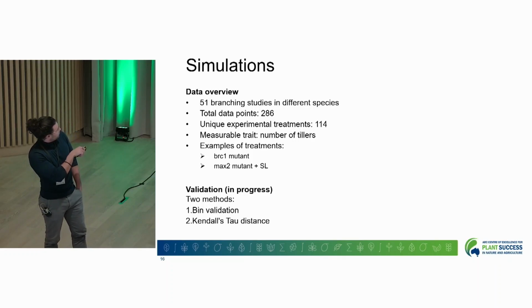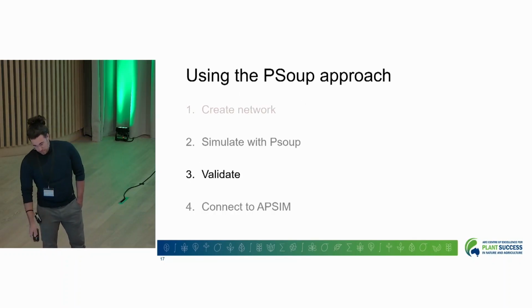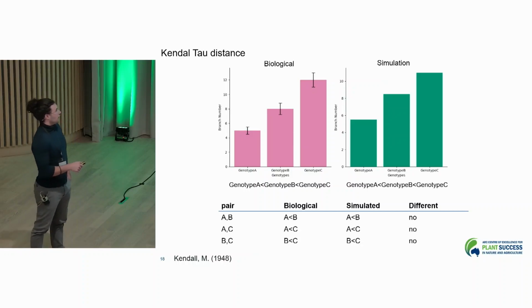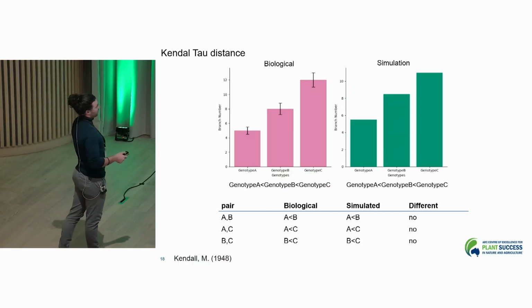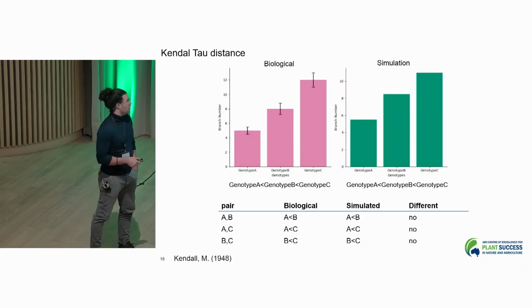So that's why we used this Kendall-Tau distance. The Kendall-Tau distance says how equal or unequal 2 ranking orders are.